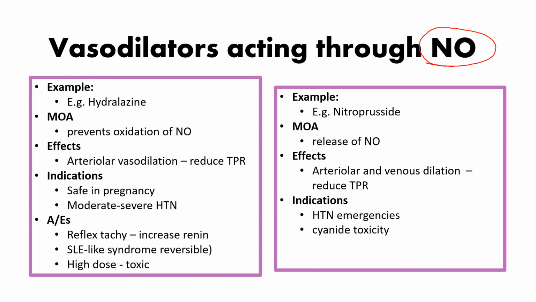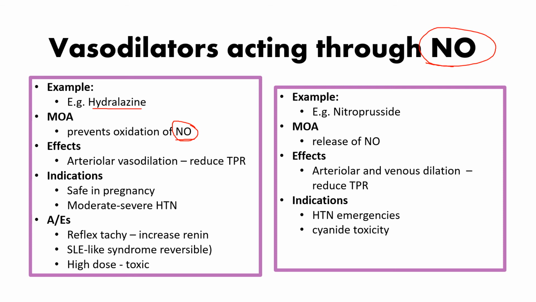So we have two drugs here. Let's start with hydralazine. Hydralazine is a vasodilator, and it works by preventing the oxidation of nitric oxide. Nitric oxide is a very potent vasodilator, so if we prevent the oxidation of this chemical, then there's more of it circulating around, and therefore we get more vasodilatory action.